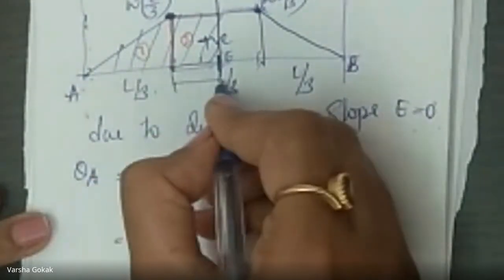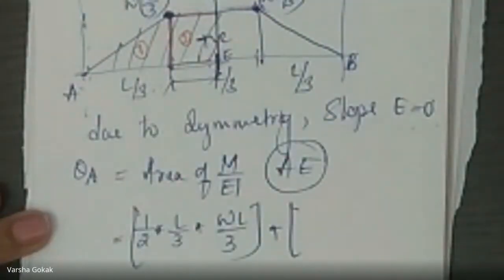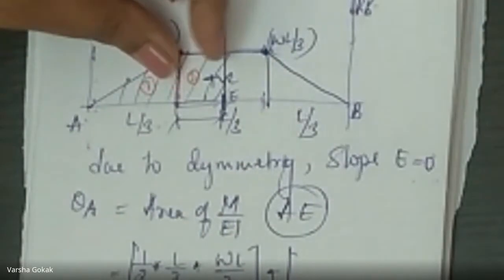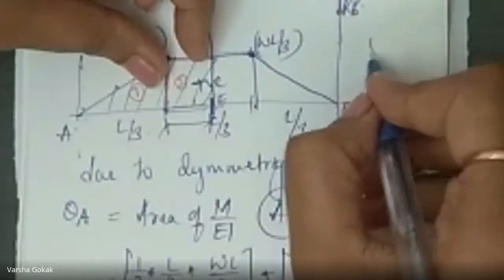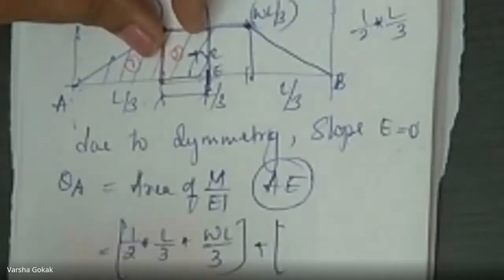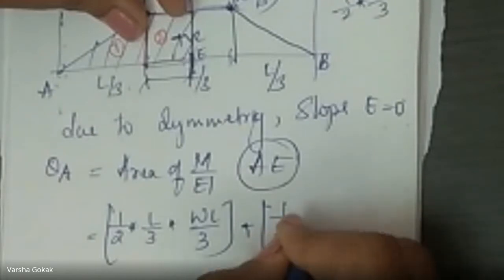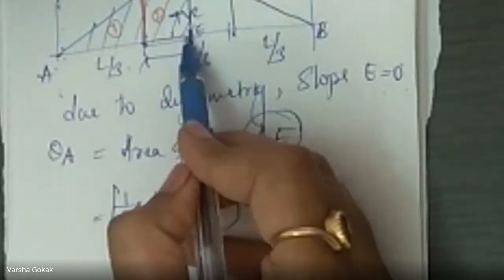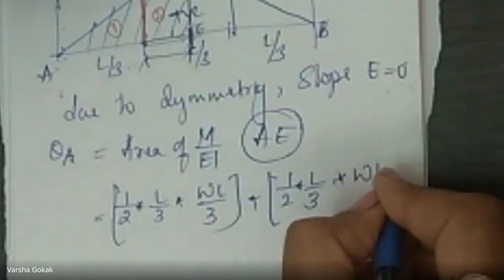What is this distance going to be now? Any guesses? This total is L by 3. So this is going to be half of L by 3. When I say half of L by 3, it becomes L by 6. Correct? So I'll write half of L by 3 only, for convenience, that is this distance, into this height. Height is what? WL by 3.